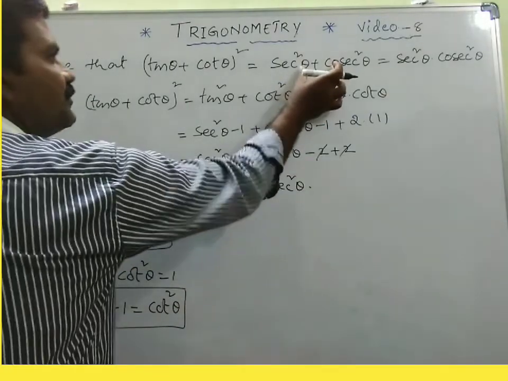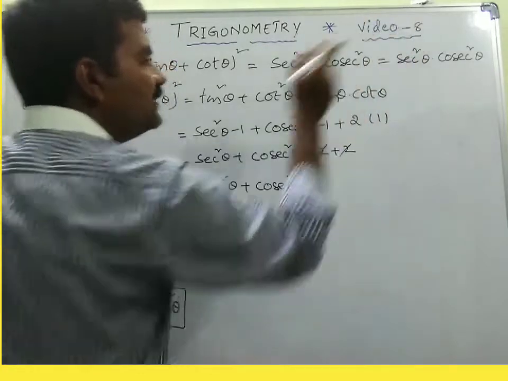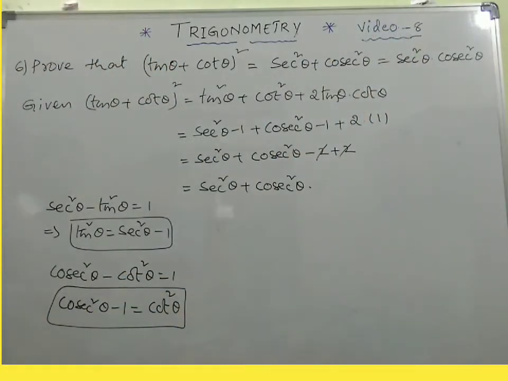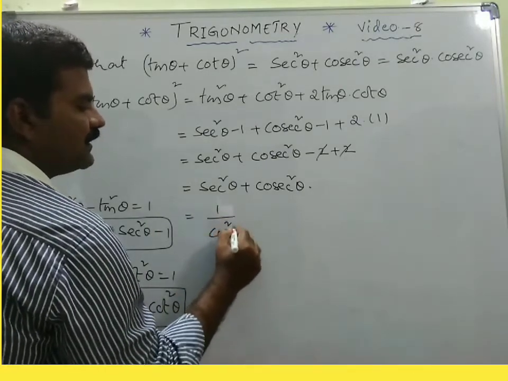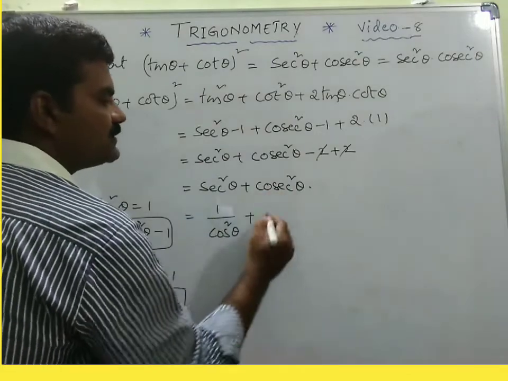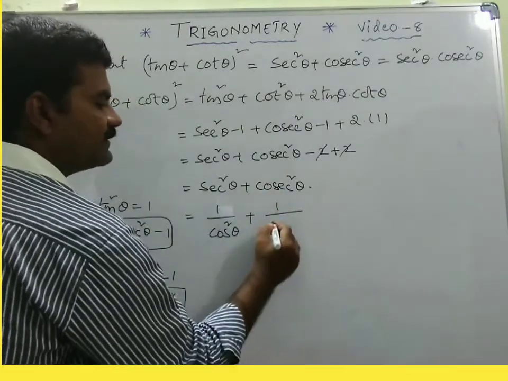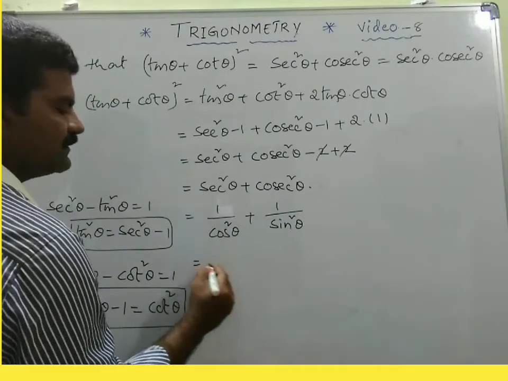So the first one we proved, and from this we also need to prove that it is equal to secant square theta into cosecant square theta. Okay, so secant square theta, we can write as 1 by cos square, plus cosecant square, we can write as 1 by sin square theta. Fine.